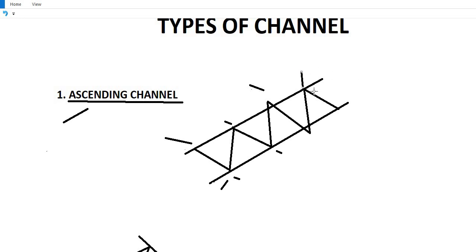So while touching the upper trend line, we will see whether the market has formed any bearish candlestick at that point. And what candlestick can that be? That can be a pin bar, that can be a bearish engulfing pattern.